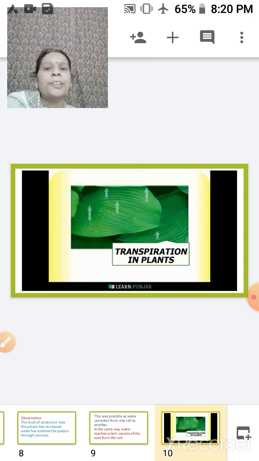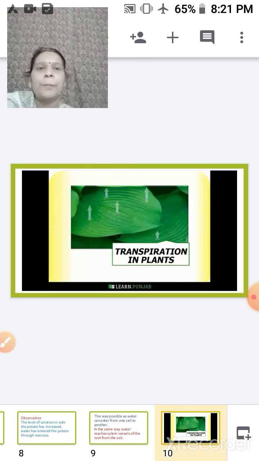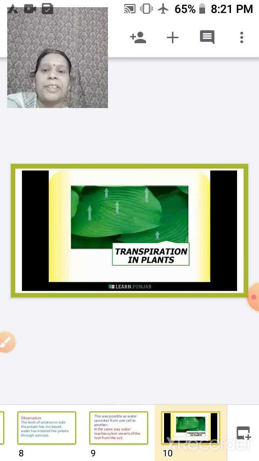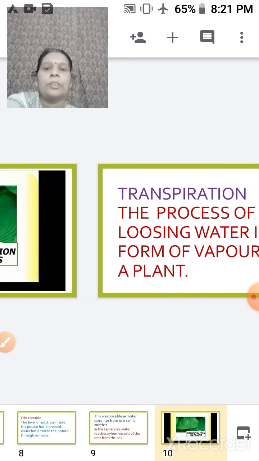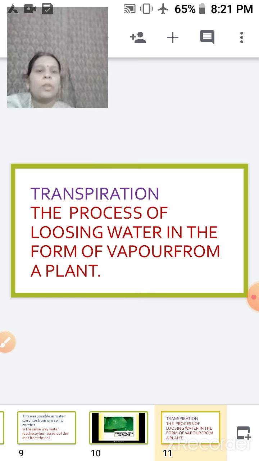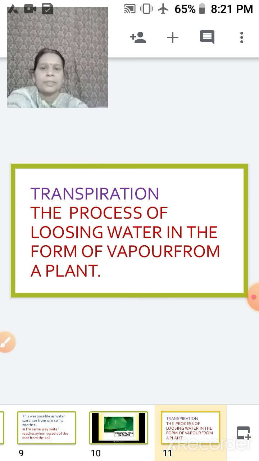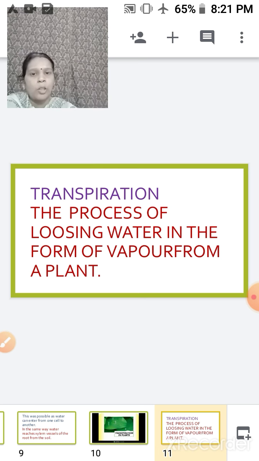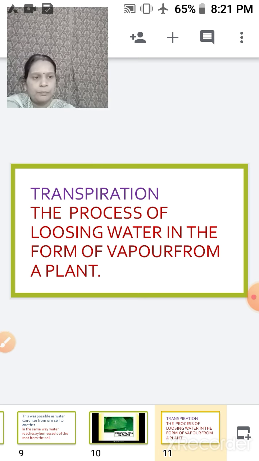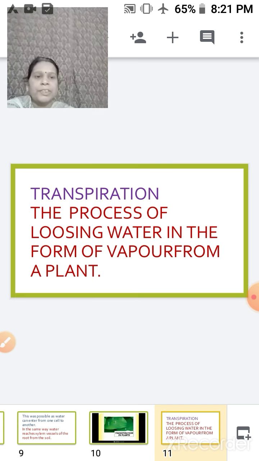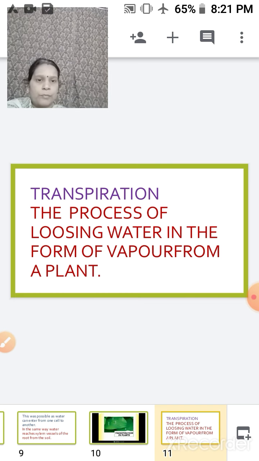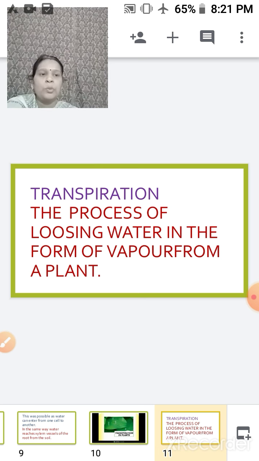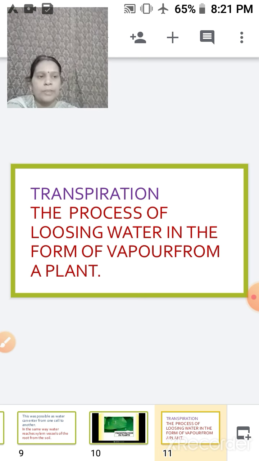Now the next process that we will study today is transpiration, which we also studied in one of the previous chapters. Transpiration is the process of losing water in the form of vapor. This is what transpiration is. Now, a lot of water is absorbed by the roots for the process of photosynthesis.